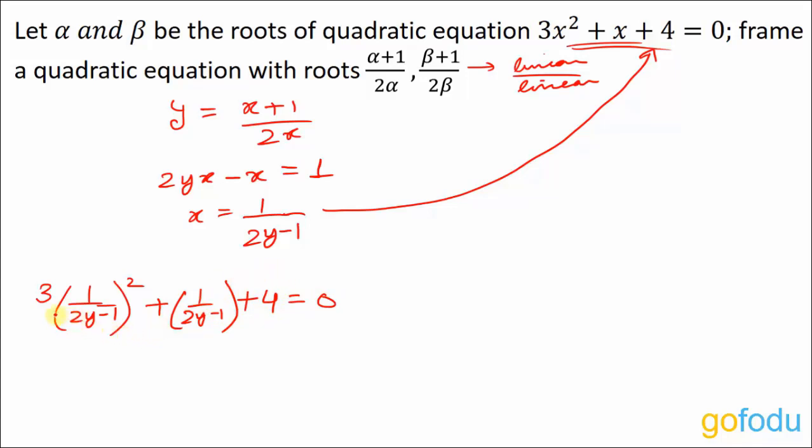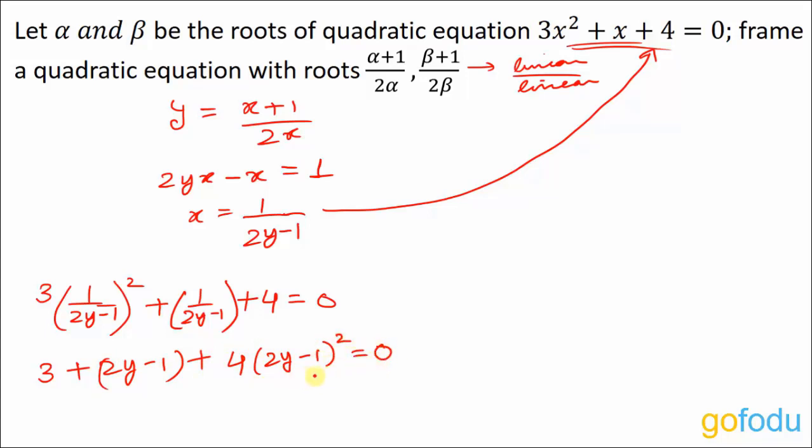If I multiply this whole equation throughout by 2y minus 1 whole square, I will get 3 plus 2y minus 1 plus 4 into 2y minus 1 whole square is equal to 0.